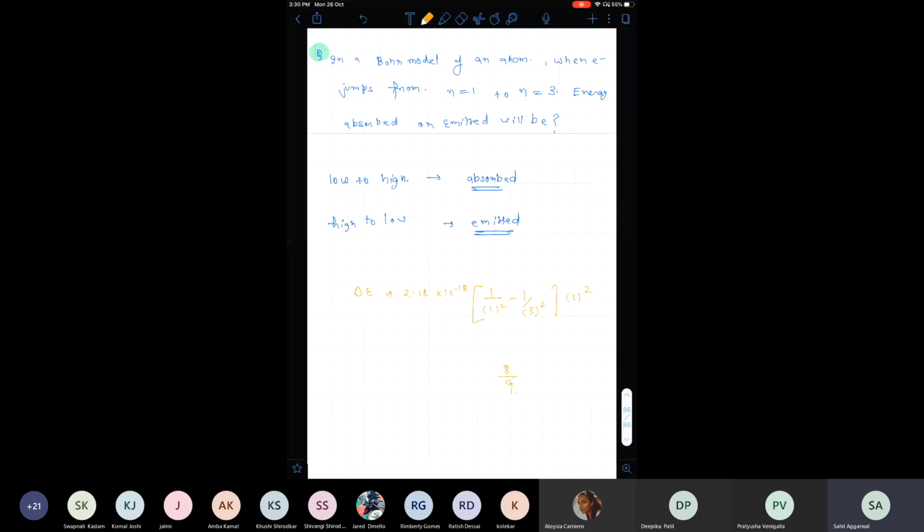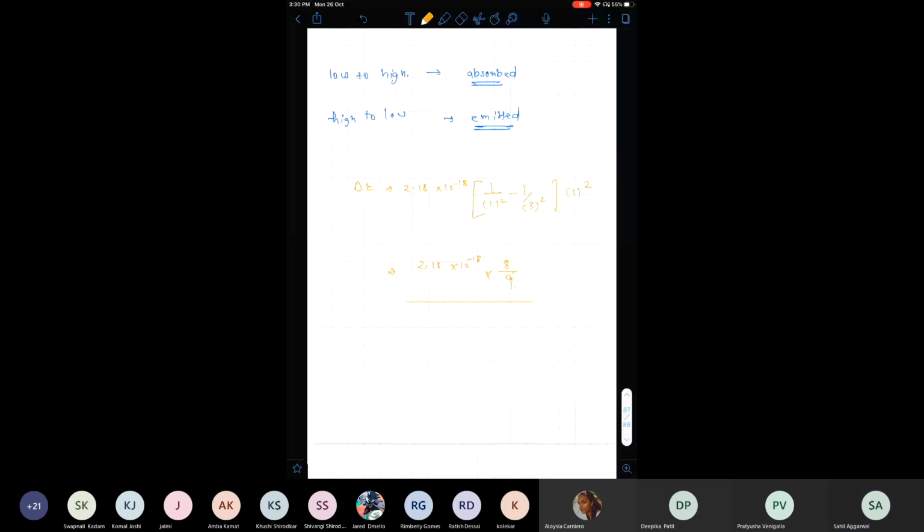You have to multiply by 8 by 9. Maya, you have to put the joules value or you have to give the units, because here the options are given in ergs. So when you solve it, you will get joules, and 1 joule equals to 10 to the raised power 7 ergs.